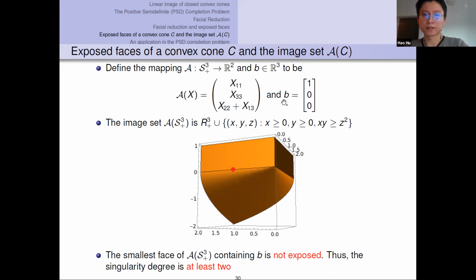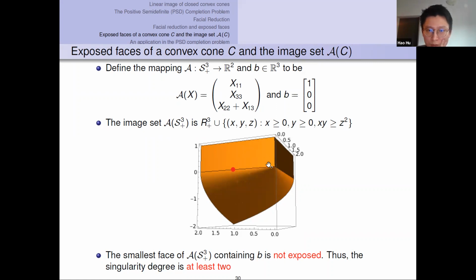And we look at the right-hand side, B is (1, 0, 0). Now you can figure out the linear image of the PSD cone under A is everything non-negative in R3 union the set of (x, y, z), where the first entry and the second entry are non-negative, and additionally x times y is greater or equal than z squared. So the feasible set looks as follows.